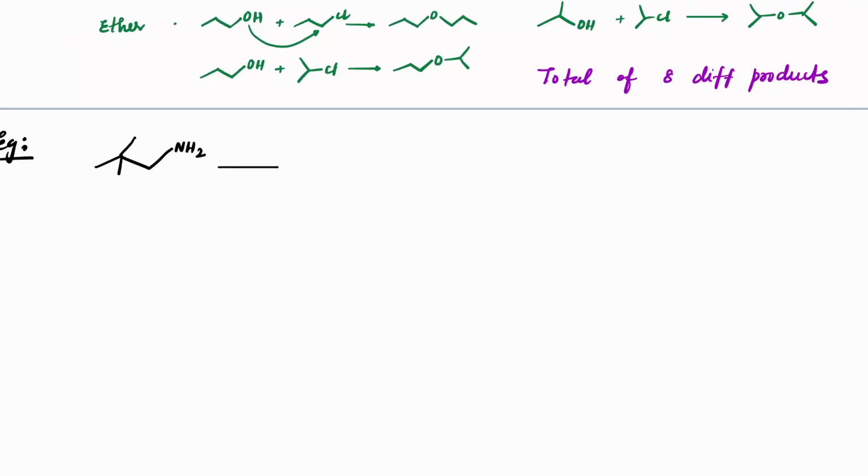And then I treat with NaNO2 and HCl. So I'm writing possible alcohol products. What are all the possible alcohol products?